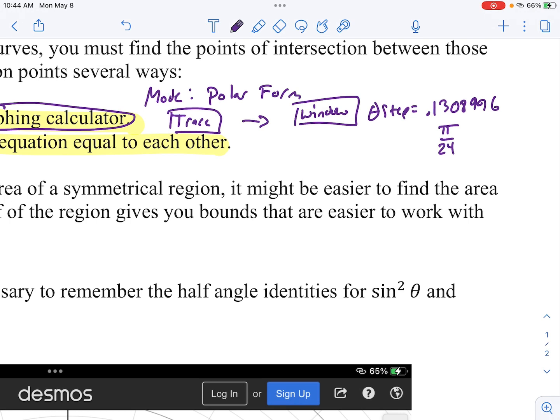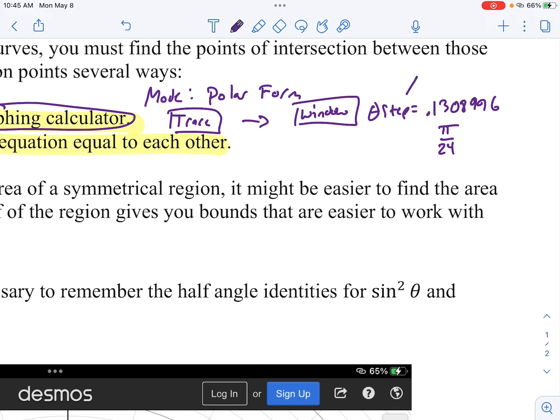So every time you hit your right arrow when you're tracing over a polar form graph on a TI calculator, you're arrowing over pi over 24. So take 12 of those to get pi halves. You can use that fraction to figure it out. And usually the answer of the intersection will be like pi 6 or 2 pi thirds or pi thirds or pi fourths, one of those that's pretty familiar to us.